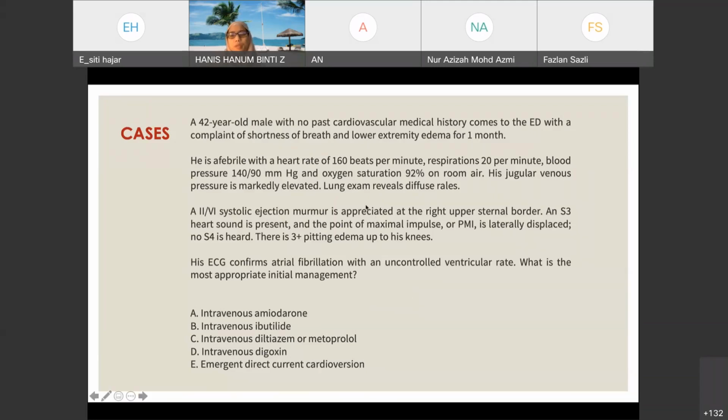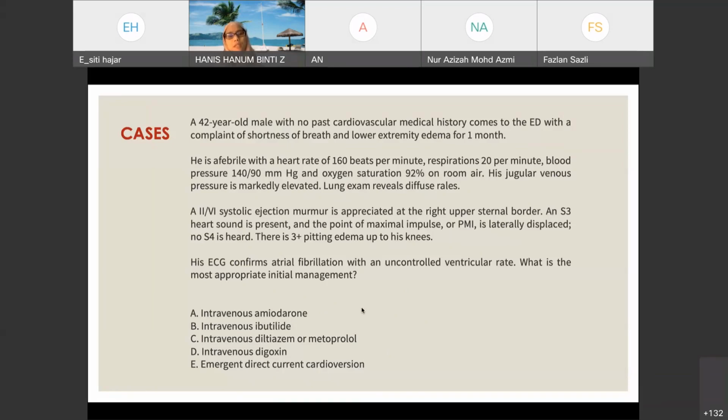So what can you understand from this case? He has AF, and he doesn't look very stable. He is hemodynamically okay, but he has SOB and slightly low SpO2, and the JVP is high. So what do you think? This patient probably might have a bit of heart failure, but we can't confirm, right?